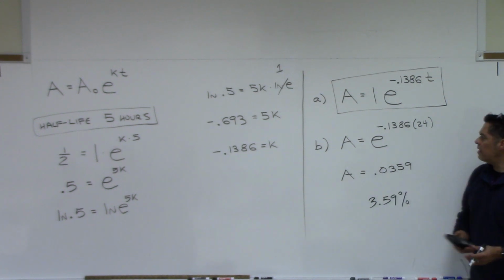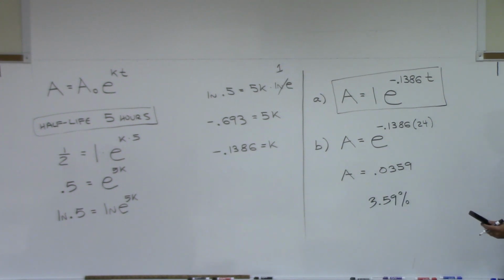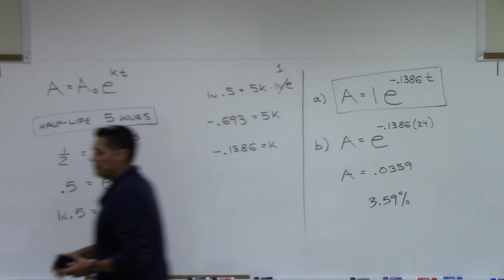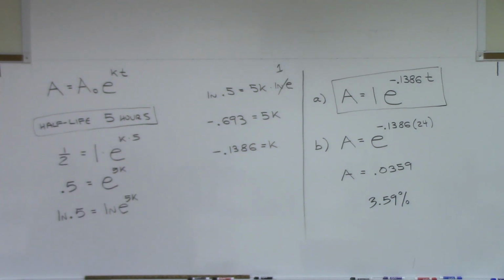You didn't get that answer? Did anyone get that answer? Can I come see how you typed it in? Put the 24 in parentheses with the other. Don't close your parenthesis there. Because you put the parenthesis there, your calculator is doing all of this and then multiplying that answer times 24.